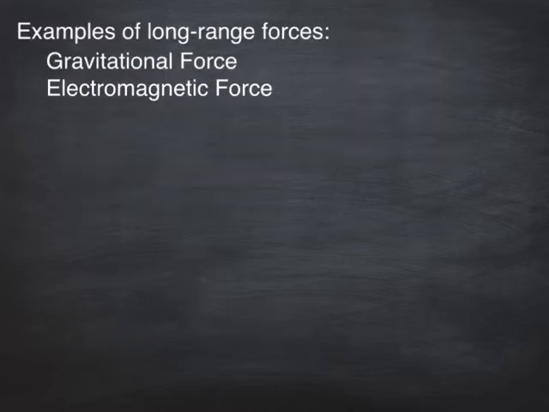So finally, let's not leave out the long-range forces. There are two that come up in introductory physics, and those are gravitational force and electromagnetic force. In the first semester of introductory physics, we usually don't deal with the electromagnetic force yet. We're going to see quite a bit of gravitational force, though, because this shows up to us as weight.